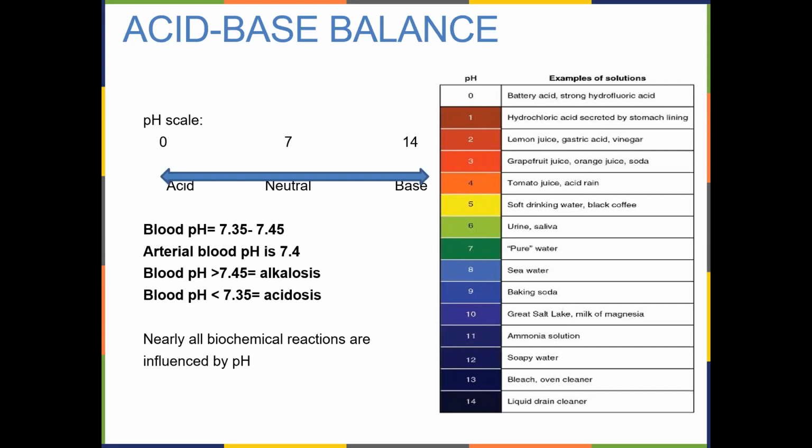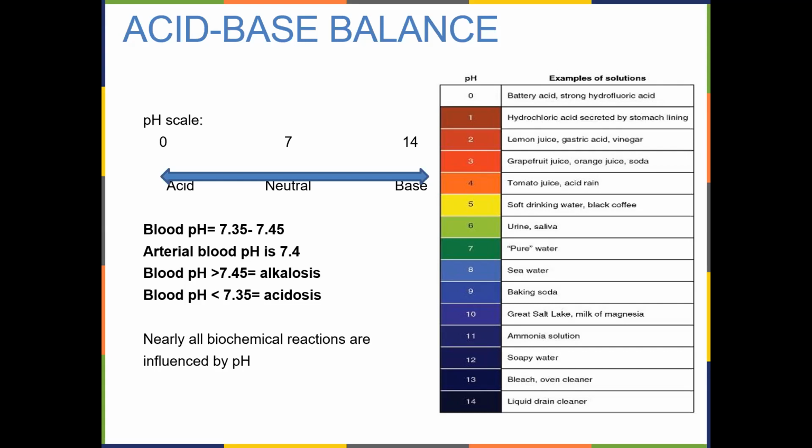Our enzymes are very, very sensitive to changes in pH. Enzymes are globular proteins. They're sensitive to temperature, they're sensitive to pH. If they get too acidic or too basic, they become denatured.